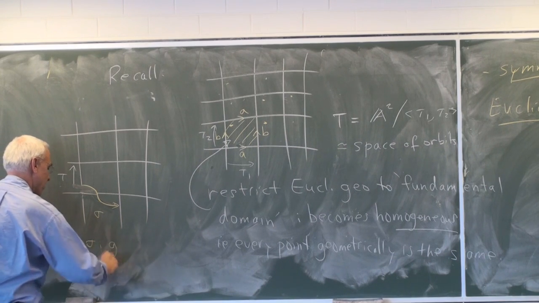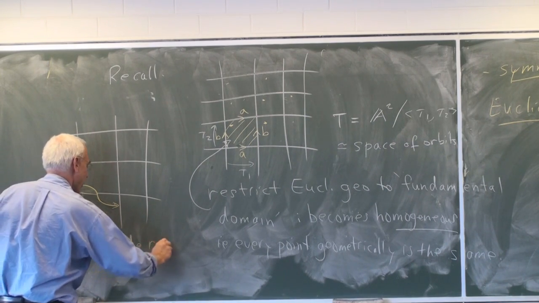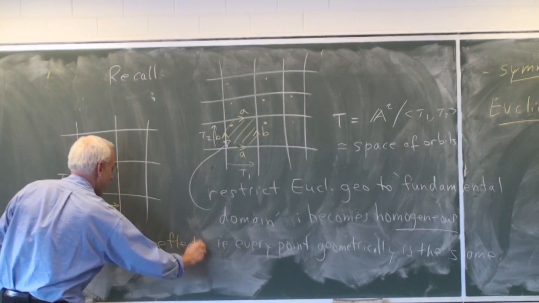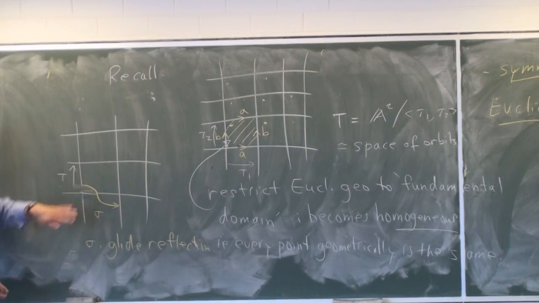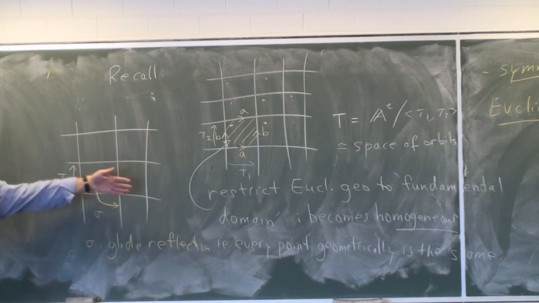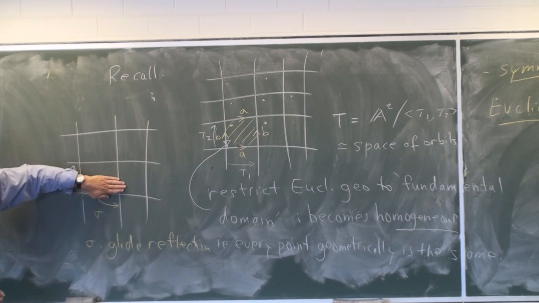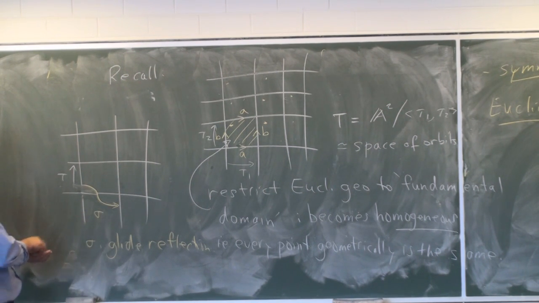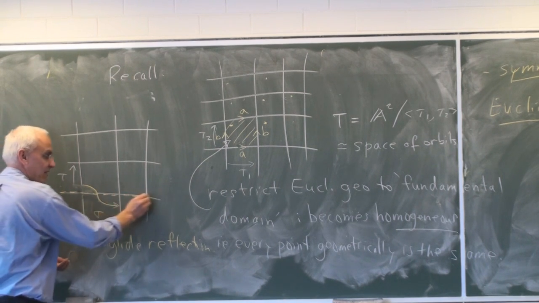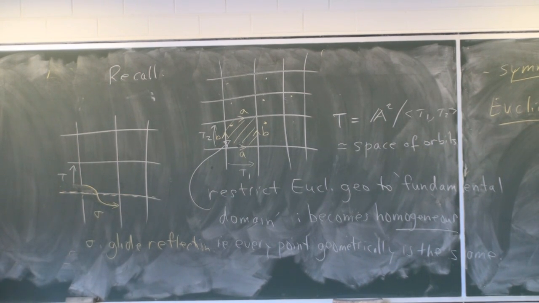Sigma is a glide reflection, which is a combination of a translation and a reflection. So that's what that means. It means we're moving one unit in this direction and also at the same time reflecting in this axis.